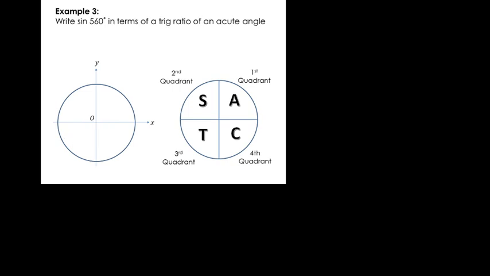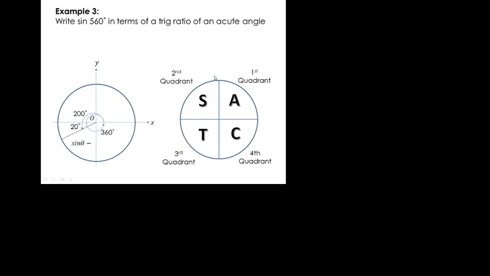Now sine 560. One circle is 360, so this is actually sine 200. So 360 and then another 200. What's left here is just 20, the acute angle from the x-axis, and T is only tangent is positive, so sine will be negative.